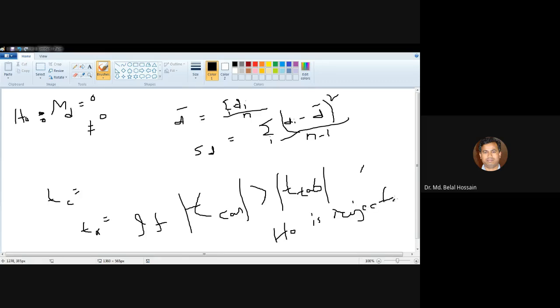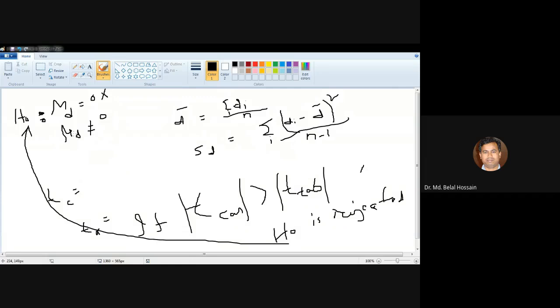I'm not a very good handwriting expert. So what does that mean? When the null hypothesis is rejected, look at this. This is your null hypothesis. This is rejected, so it is not true. What is true is mu d is not equal to 0.